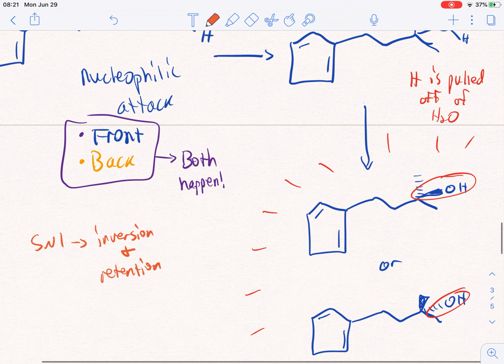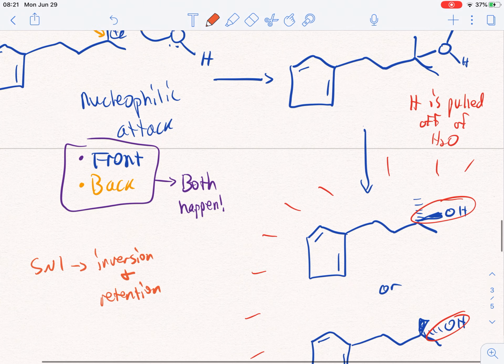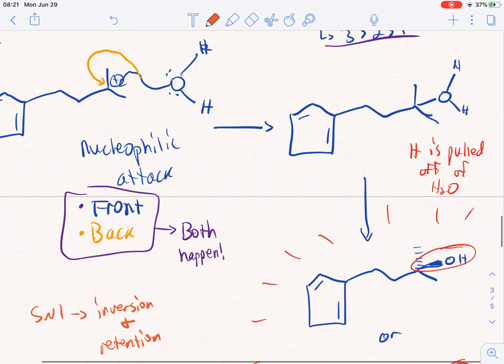SN1 is an inversion and also a retention. So let's actually do this to make it a little bit easier. If we make this wedged, okay, there we go.